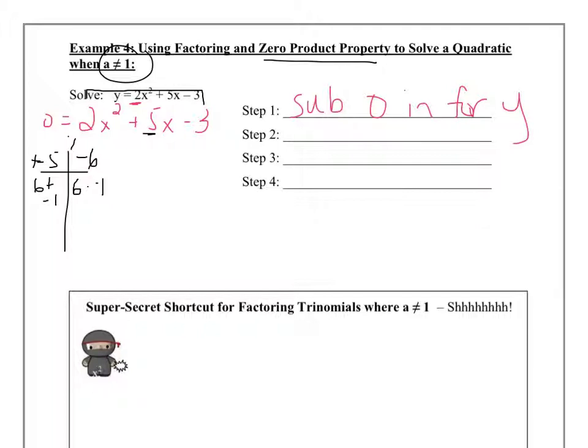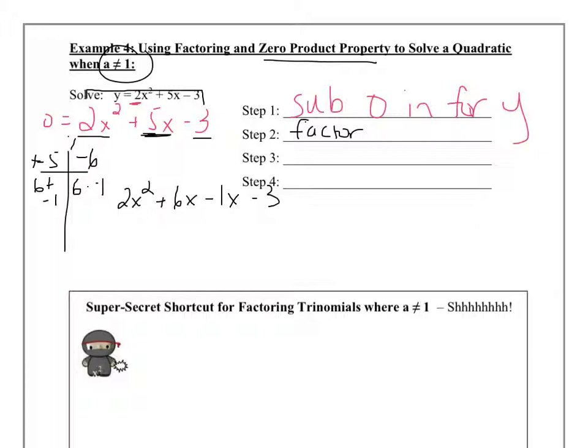If we remember from factoring, the first term is going to stay the same, and then the middle term breaks apart into 6x and negative 1x, because 6 plus negative 1 is 5, and then the last term stays the same. Right here I am factoring the trinomial.